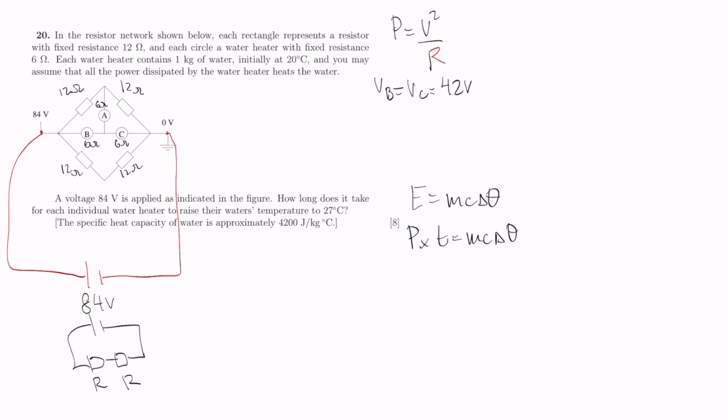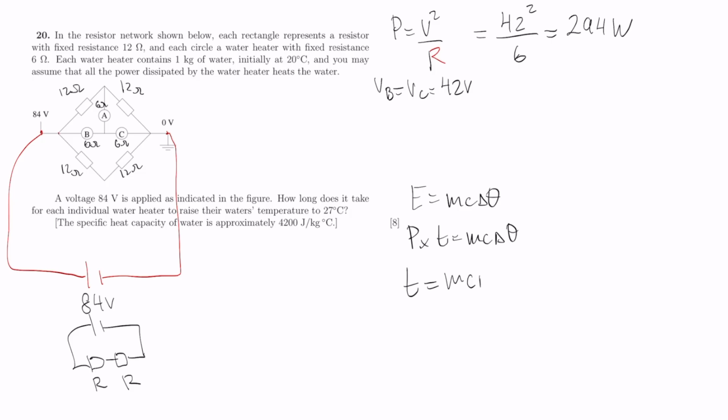And then this means that we can work out the power across every one of them, which is going to be 42 squared divided by 6. That gives me 294 watts. Okay, I've got the power. I can just substitute that into here for the first case. So we're looking for the time, aren't we?